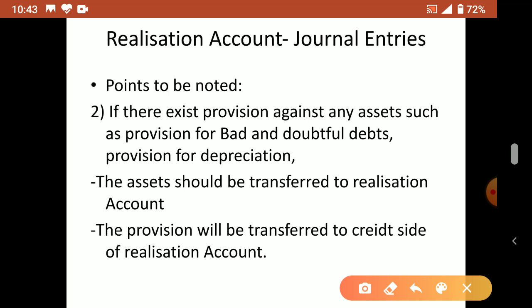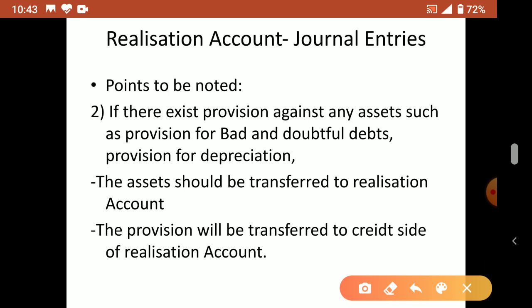Okay, so different types of provisions are there. Some provisions are merely created simply as reserves, but provisions usually we create against some assets to protect that asset. For example, provision for bad debt means to protect the debtors amount we are taking extra precautions, we are saving some amount in provision.